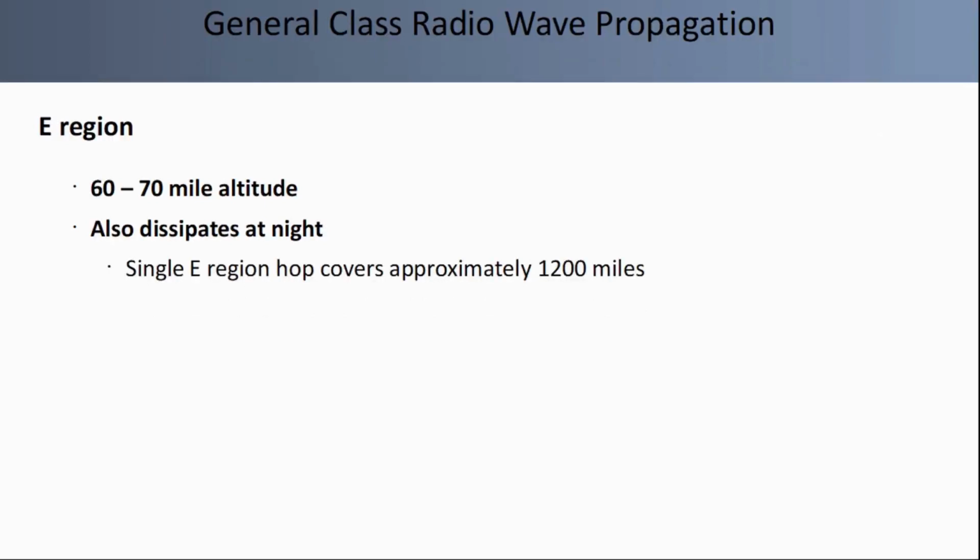If you actually can bounce a signal off the E region, and there are conditions where that can happen, that single hop, from the transmitting station to the receiving station, will cover approximately 1,200 miles. That's a question pool question, single E hop, 1,200 miles.